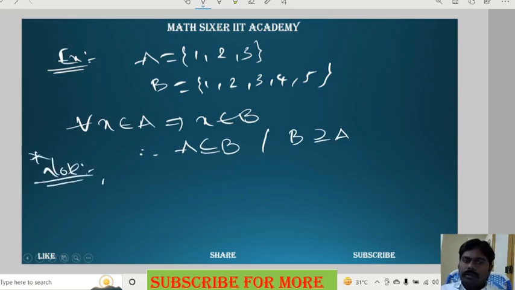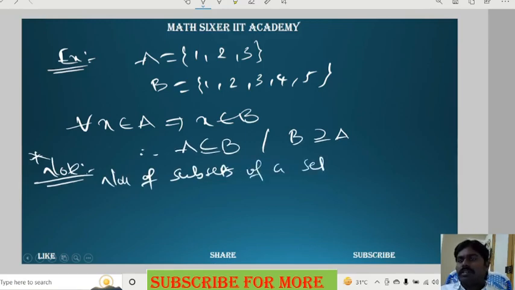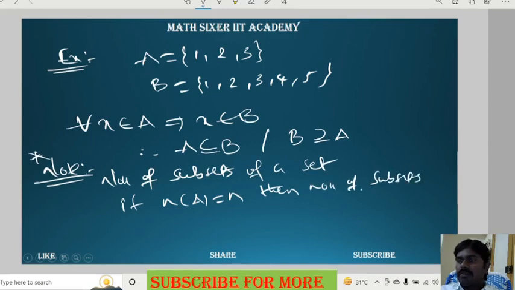Note: the number of subsets of a set. Suppose the cardinality of A is n, or the number of elements in set A is n, then the number of subsets is equal to 2 power n.